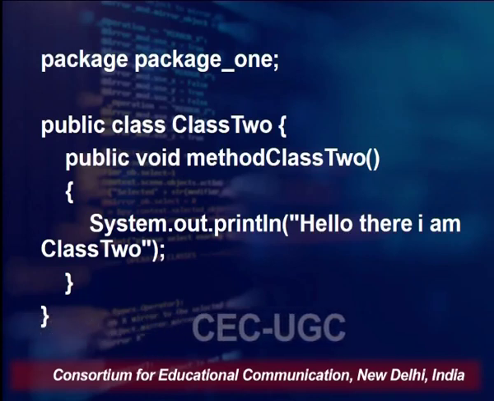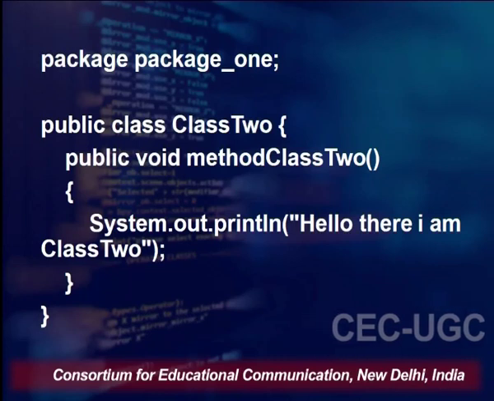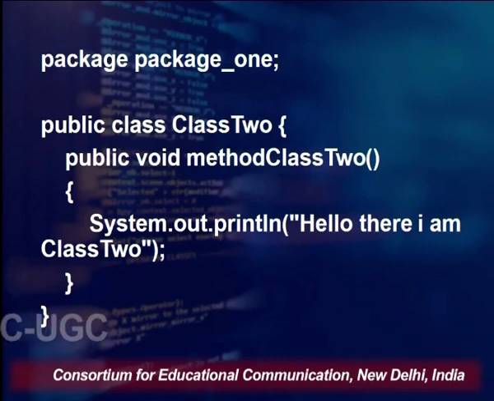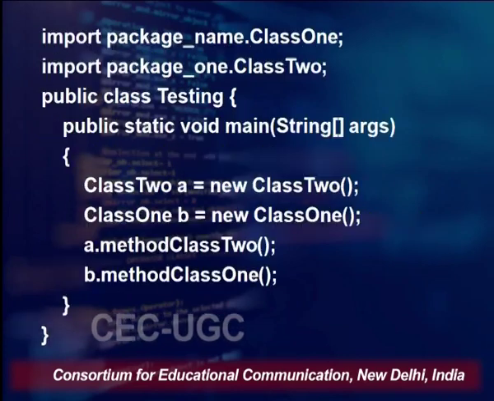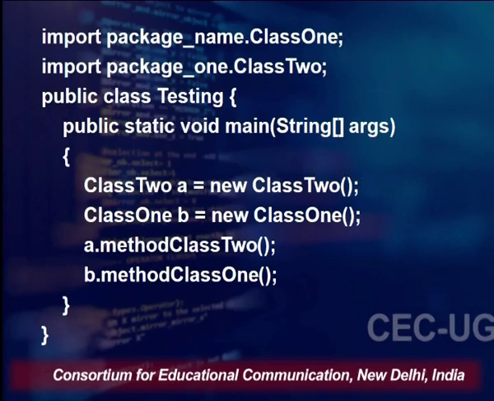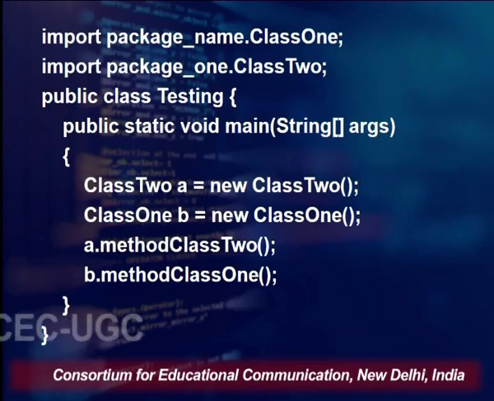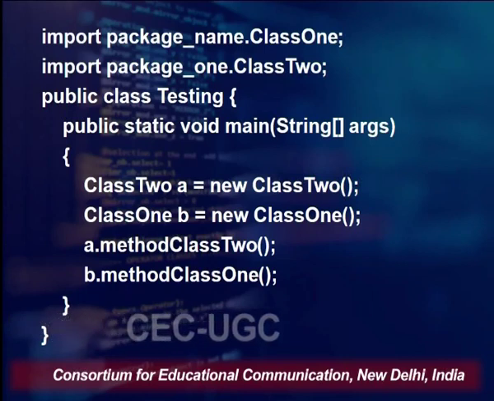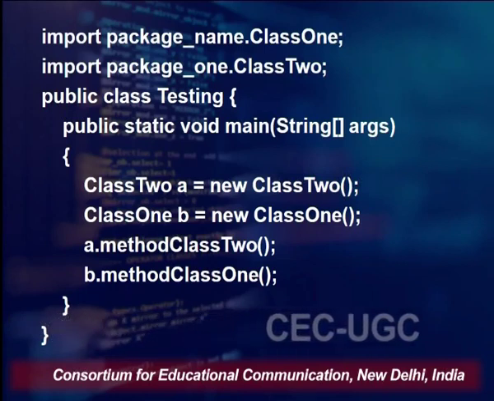Now we have two packages, and these two packages have one class each, and within each class we have one method. Now, let us use these packages, or the classes defined inside them, in a third file, or in the third section.